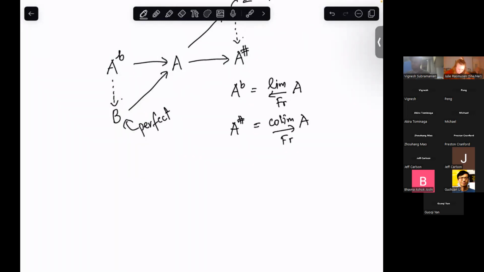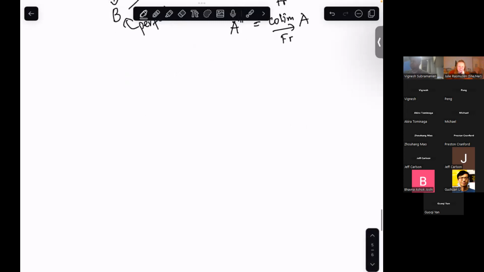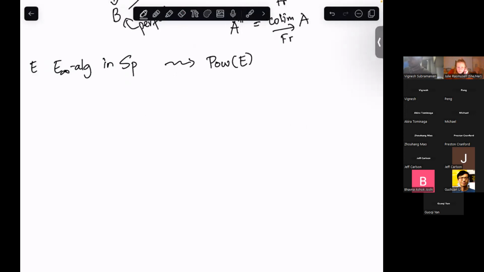So a part of the story carries over to the world of E-infinity algebra. Let me be quick here: if E is a commutative ring spectrum, by that I mean if E is an E-infinity algebra in spectra, you can define what is called an algebra of power operations.